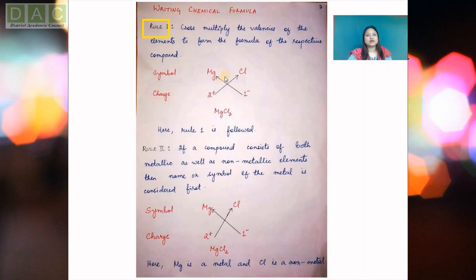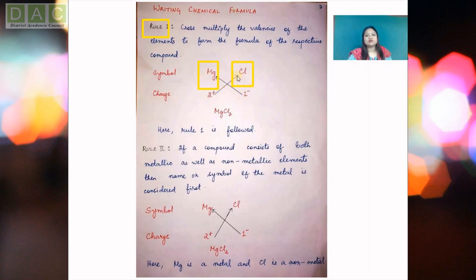In magnesium chloride there are 2 elements, Mg, that is magnesium, and chlorine, Cl. The valency of Mg is 2 and the valency of chlorine is 1.